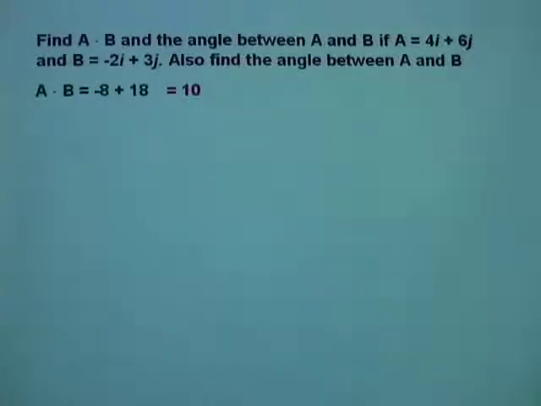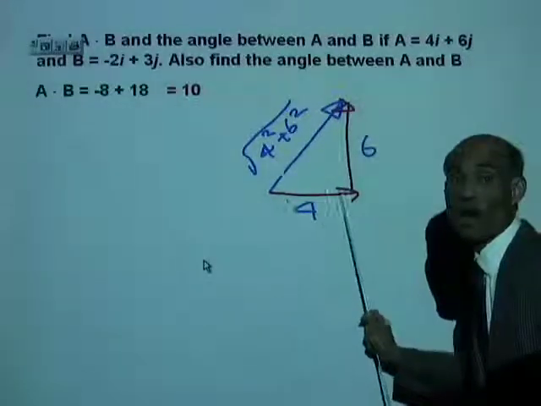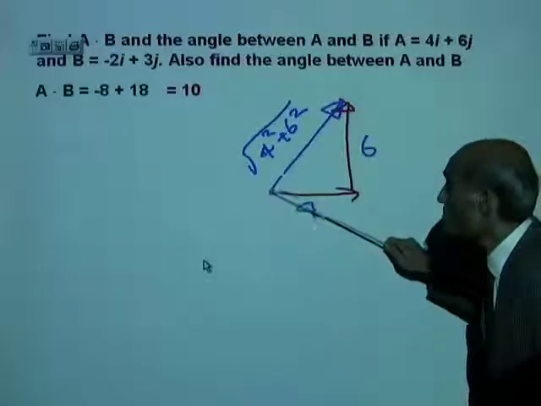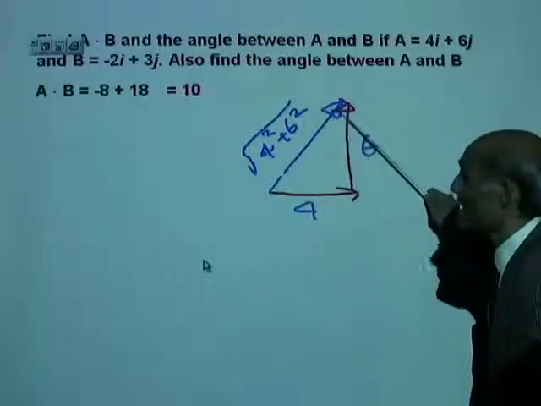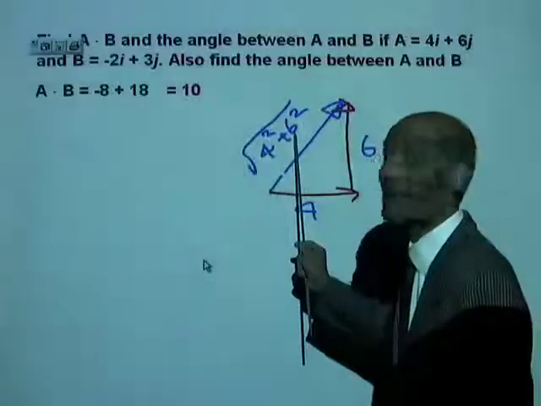This is 4, this is 6, therefore the magnitude of the vector A will be square root of 4 squared plus 6 squared, which is the square root of x squared plus y squared.